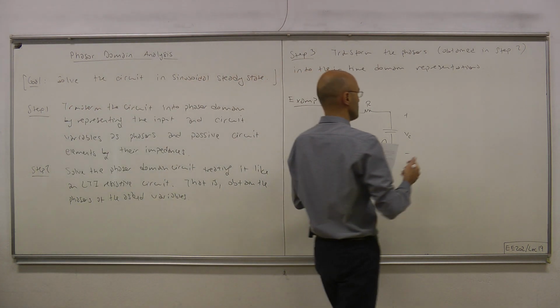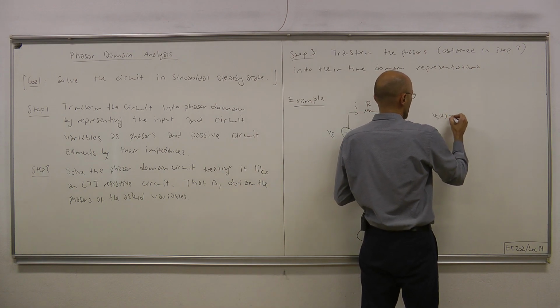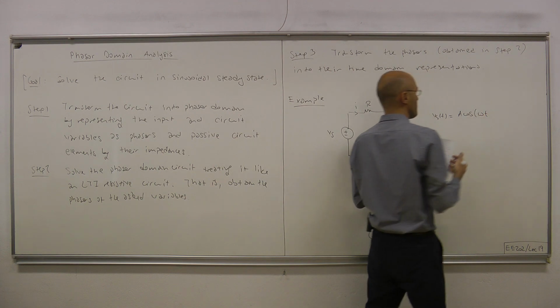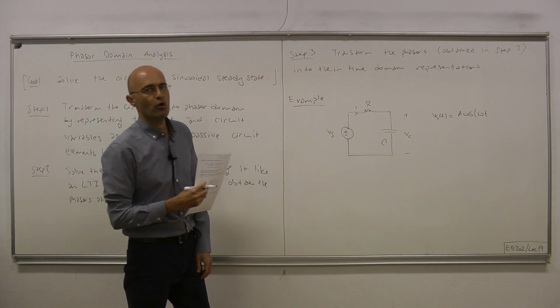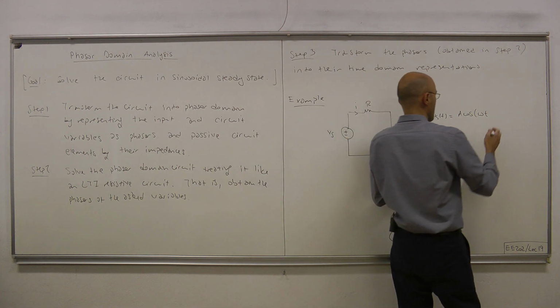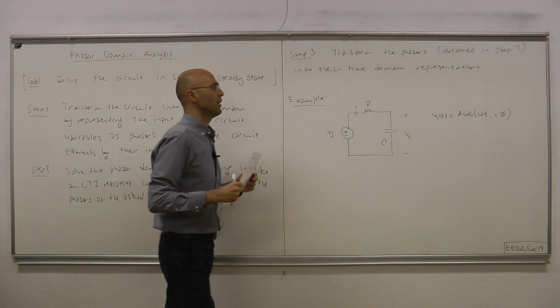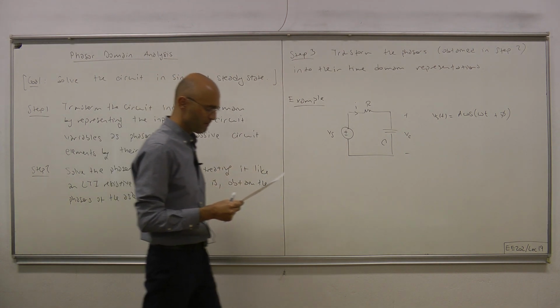Suppose that Vs of t is some sinusoidal signal at frequency omega radians per second, where A indicates its amplitude and phi is its phase.